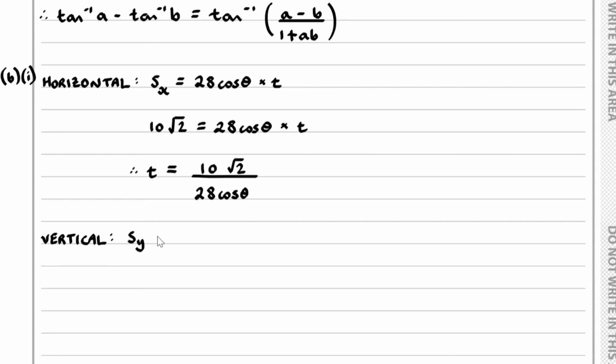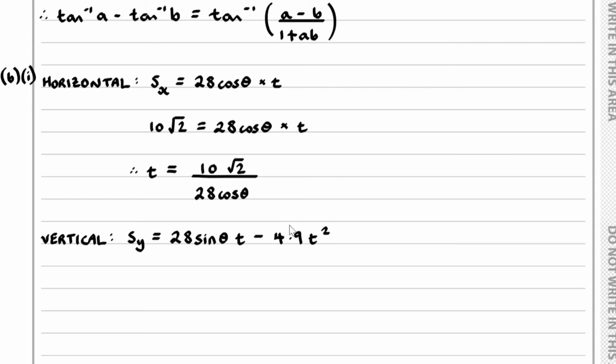We have Sy equals 28 sine theta multiplied by t minus 1/2 g, so that will be 4.9 t squared.